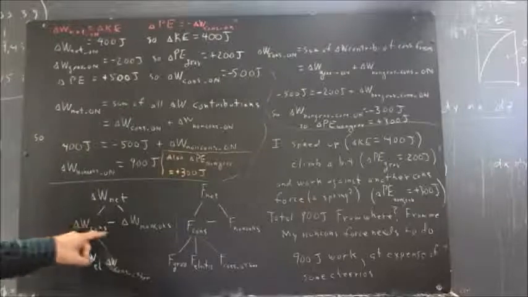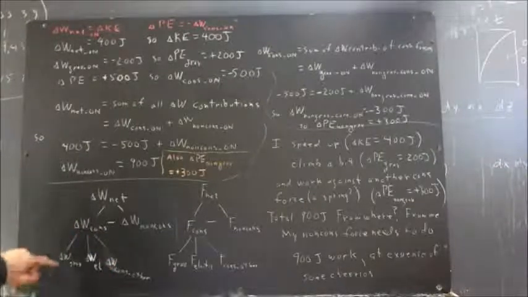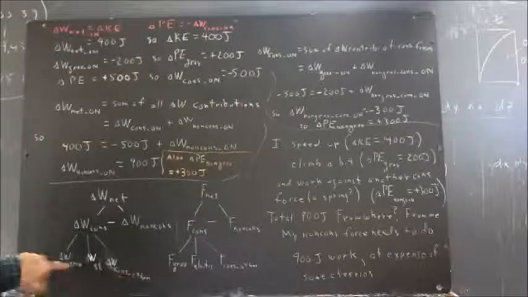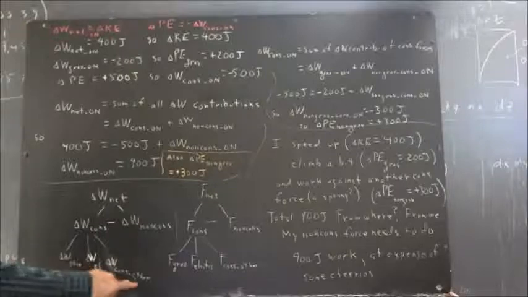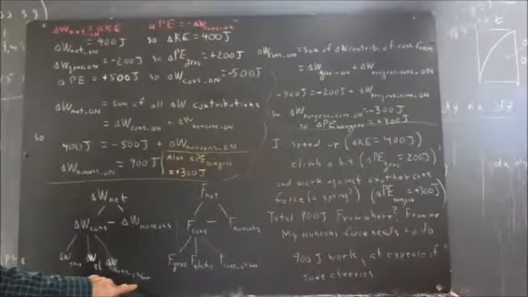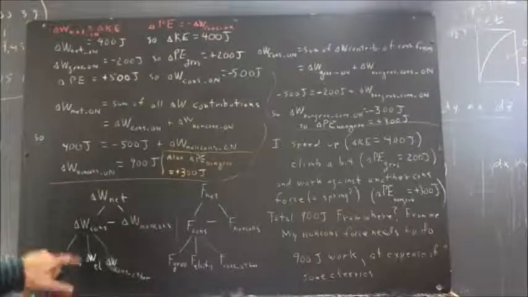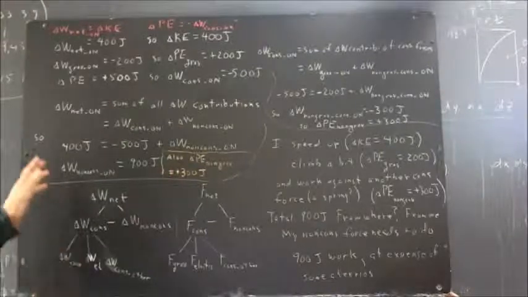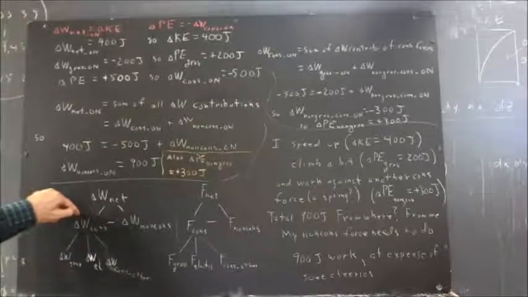Also, the work done by conservative forces is equal to the sum of these three: the work done by gravity, the work done by elastic forces, and the work done by other conservative forces. You can list the conservative forces you know something about, and then say there are others that aren't specified, but they have to be included in the calculation.